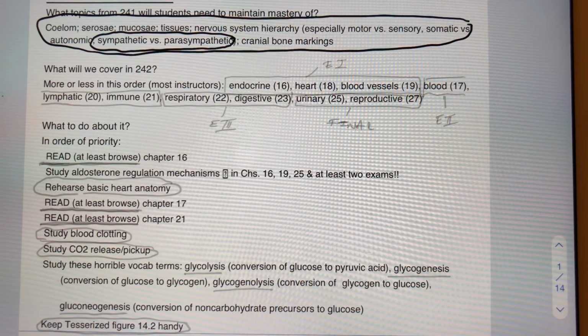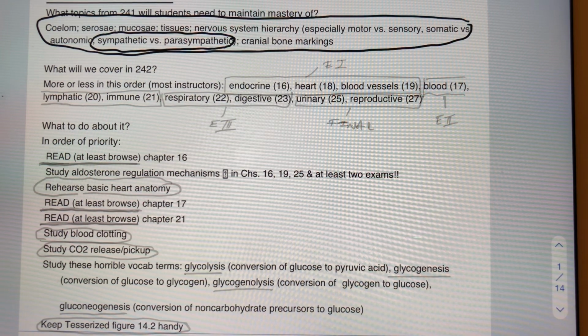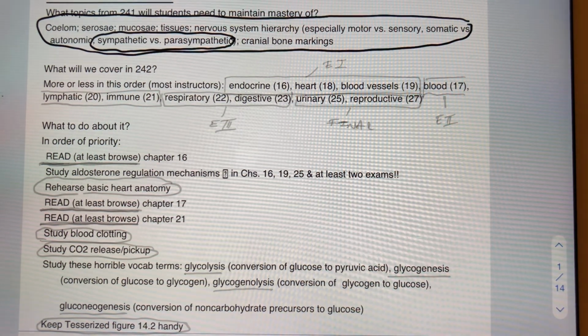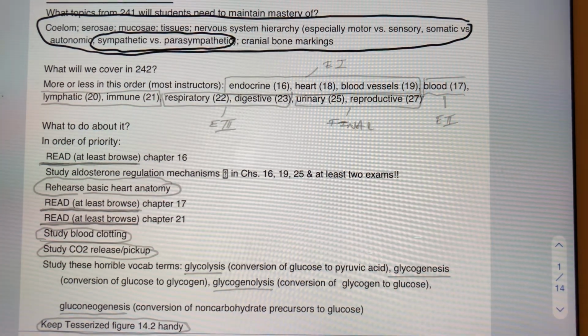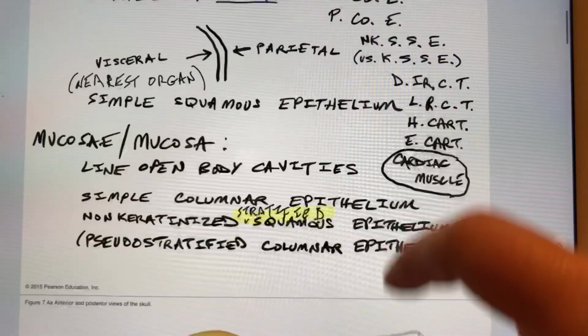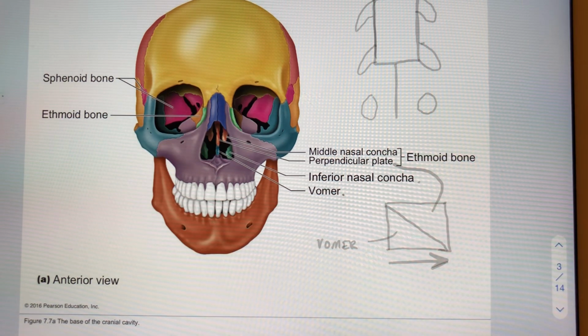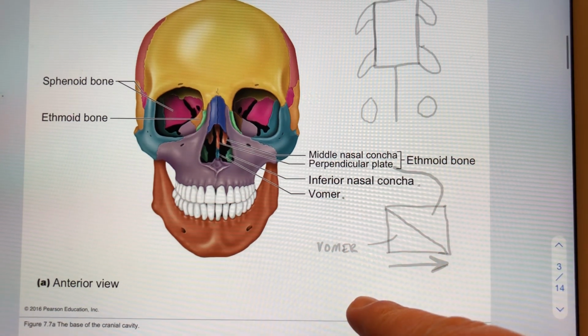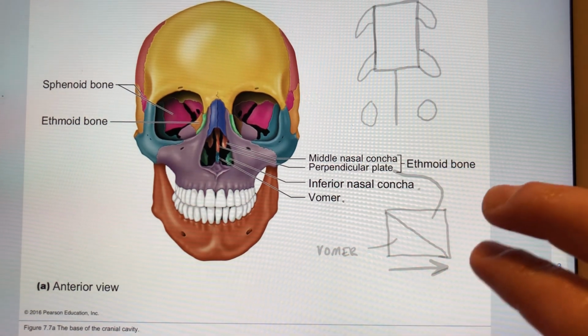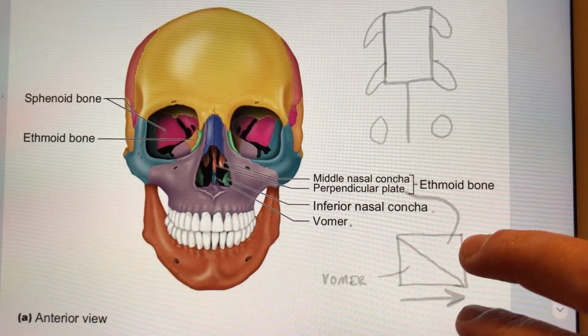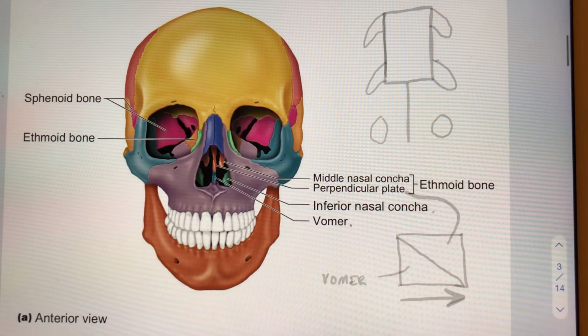If, however, you didn't master those cranial bone markings, or your instructor just didn't emphasize maybe as many as I do, then this is going to hurt. Okay, so let's move on to cranial bone markings. And I've included on slides 4, 5, 6, and 7 some images from 241 that are especially relevant in 242.